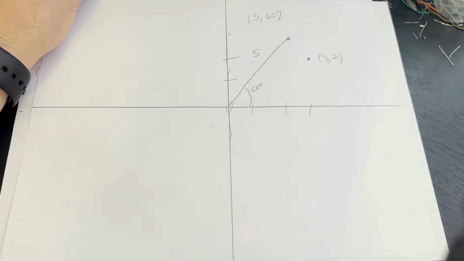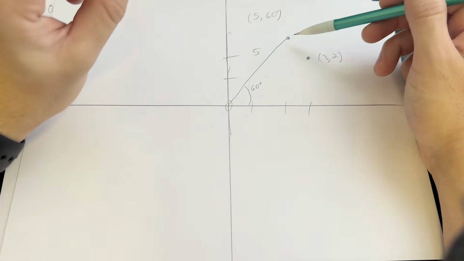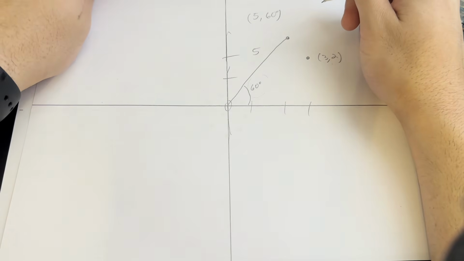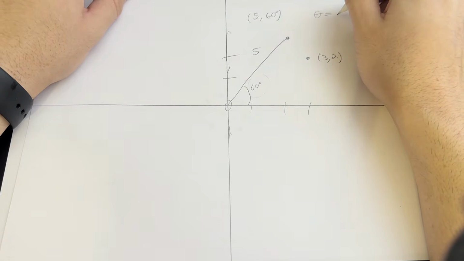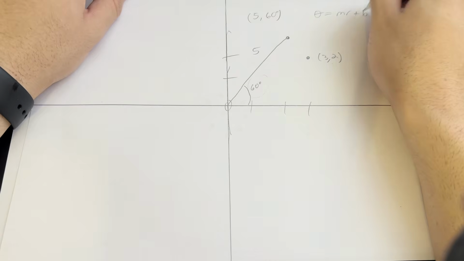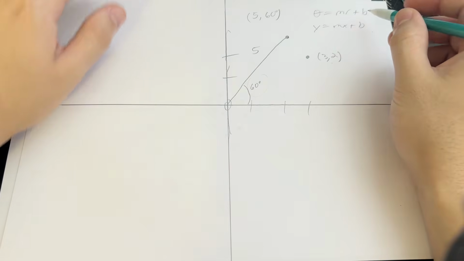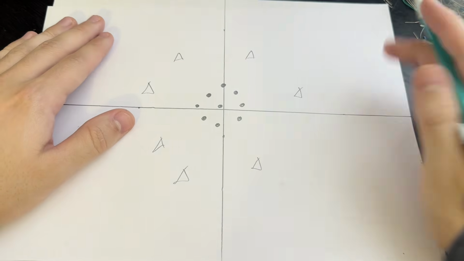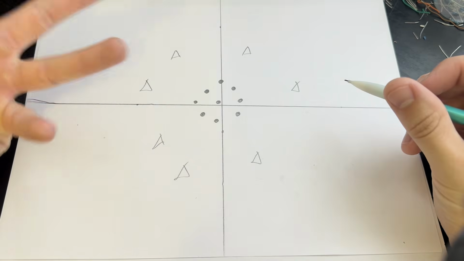And so this can also give us a linear equation in polar coordinates. Instead of y equals mx plus b, we get theta equals mr plus b. And this allows us to make a different perceptron that can solve this, because polar coordinates is all about radius, which is about circles.